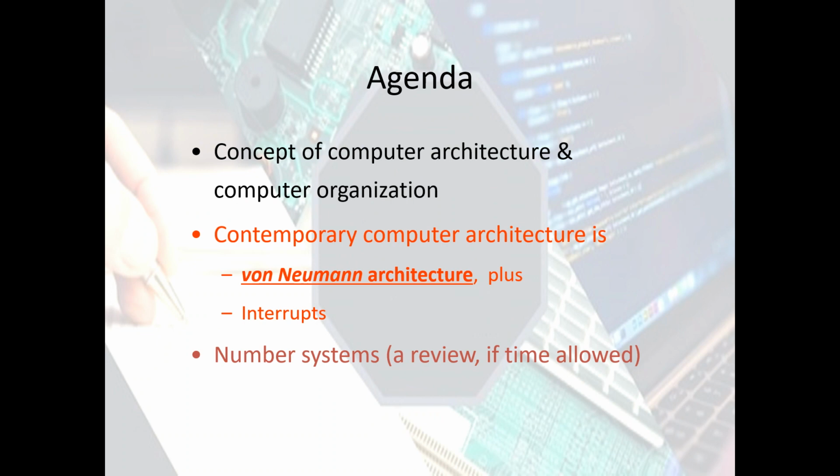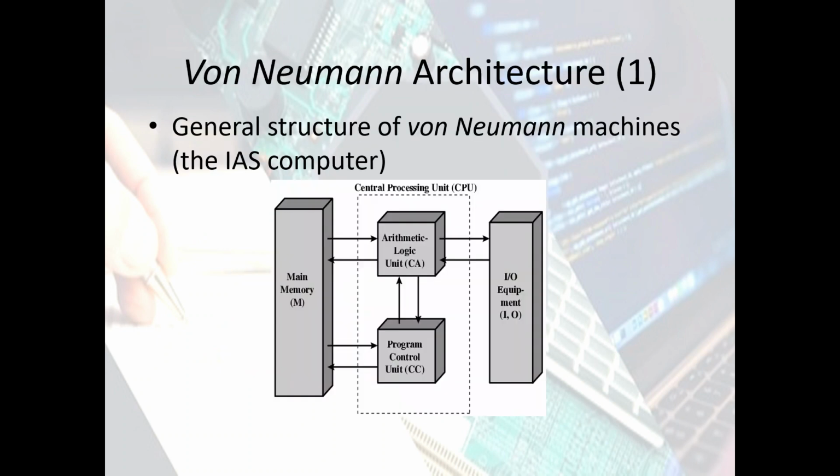Interrupts are signals that temporarily halt the normal execution of a program to handle specific events, allowing the computer to respond to external stimuli such as input from devices or requests for attention. This combination of von Neumann architecture and interrupts enhances the flexibility and responsiveness of modern computers by enabling them to efficiently manage multiple tasks and external events.